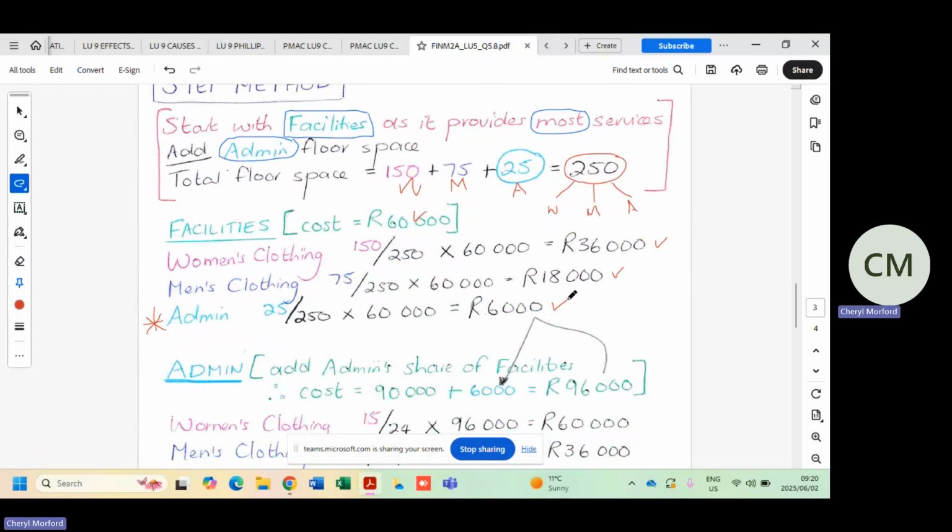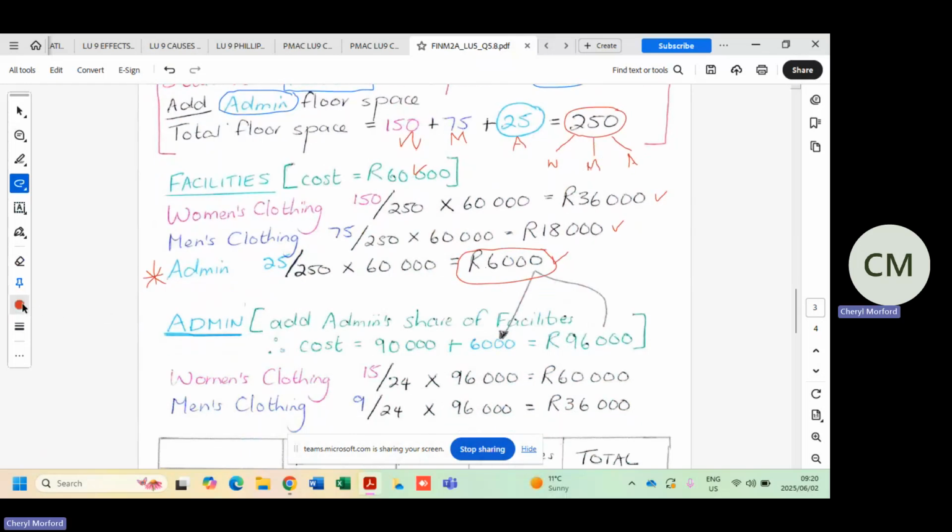So now I'm going to increase the admin service department's cost by its reassigned allocation coming from the other service department, which is the 6,000. So this is the big thing in this method.